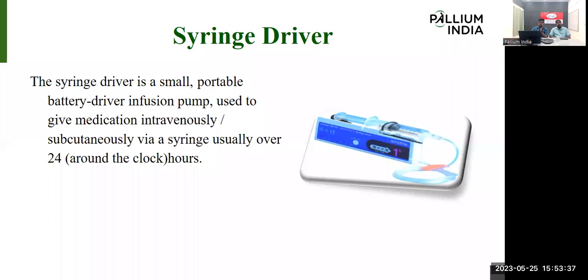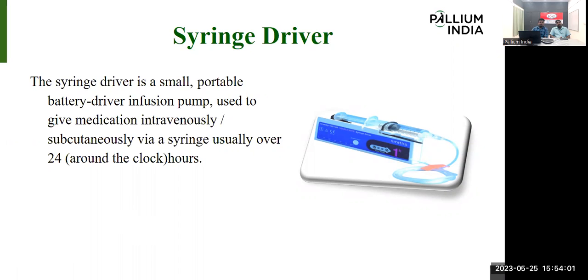With this syringe driver we can give medication for around 24 hours or even more. There are 2 types of syringe driver: a per hour setting syringe driver and a per 24-hour setting syringe driver. The per hour setting syringe driver can be used from 1 hour up to a maximum of 24 hours for giving medications as a continuous infusion.